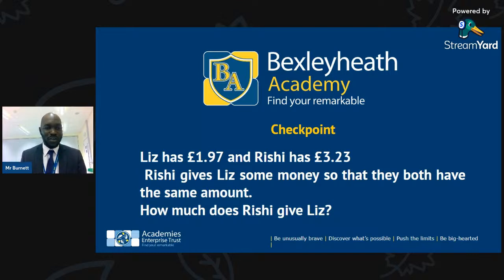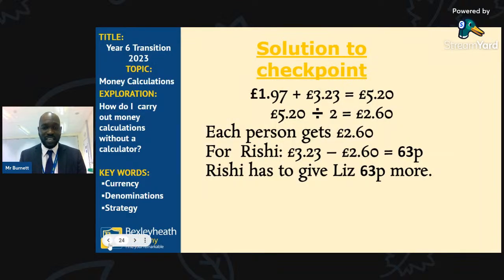All right, so let's see if we can apply the same strategy as with the last question. So let's put it all together. If we put that together, we get £5.20. If we go ahead and share that equally between the two students, Rishi and Liz, each one should have £2.60.